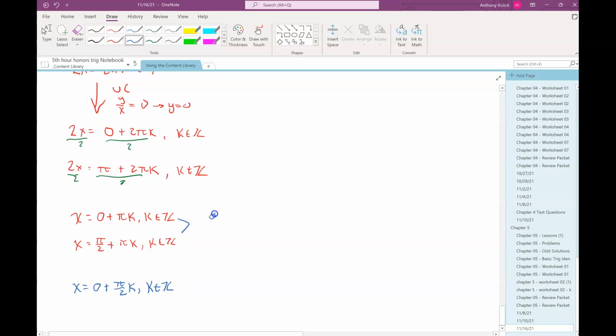Well, this is like 0 pi, 1 pi, 2 pi, 3 pi, etc. This one is pi over 2, 3 pi over 2, 5 pi over 2, 7 pi over 2, etc. If I line those all up in order from smallest to biggest, I have this.